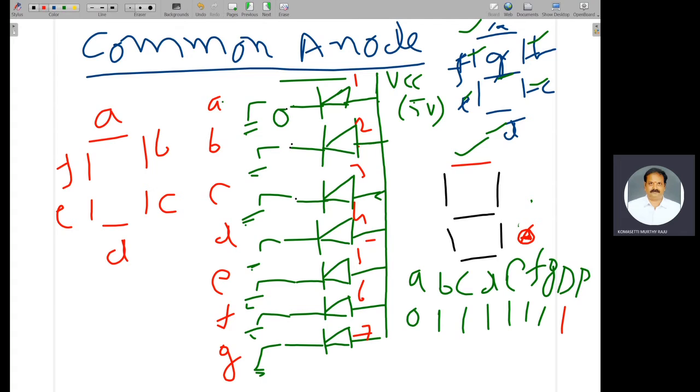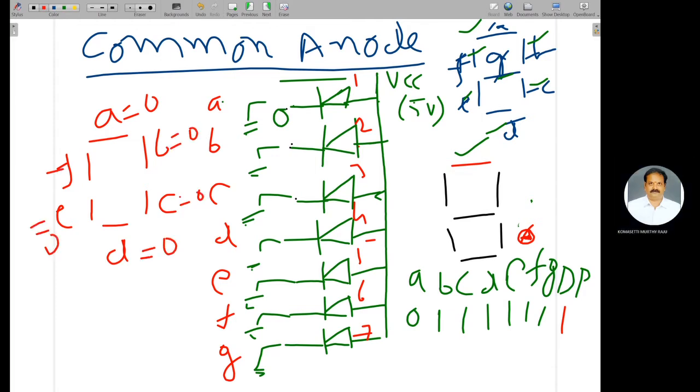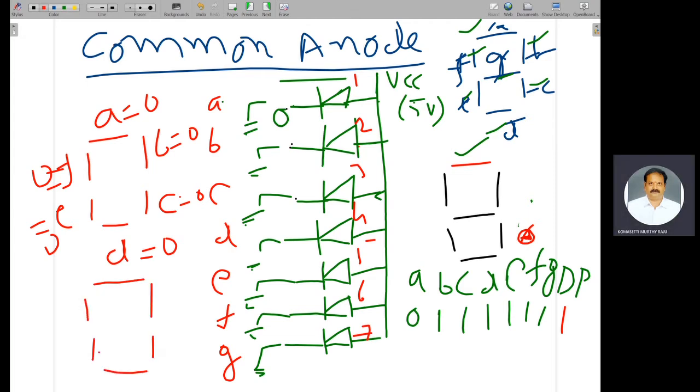If you want to display the 0 number, the cathodes of the first segment and the second, third, fourth, fifth, and sixth segments are set to low. Therefore, from first to 6th segments, LEDs are forward biased and on, and 0 is displayed.